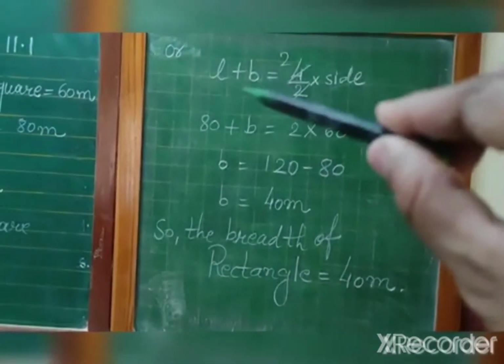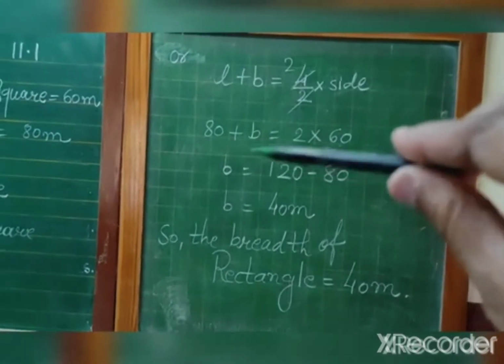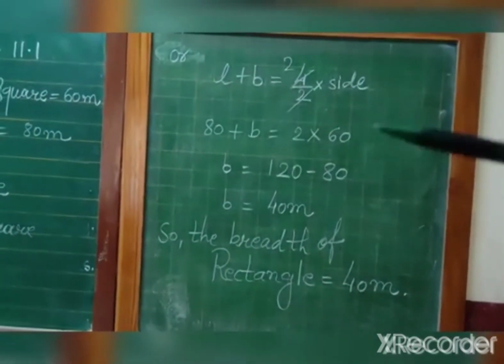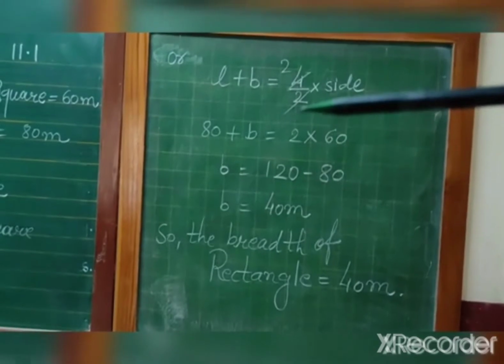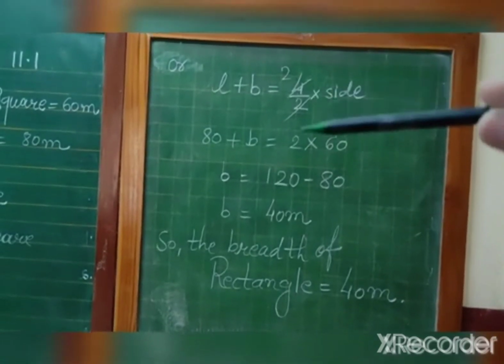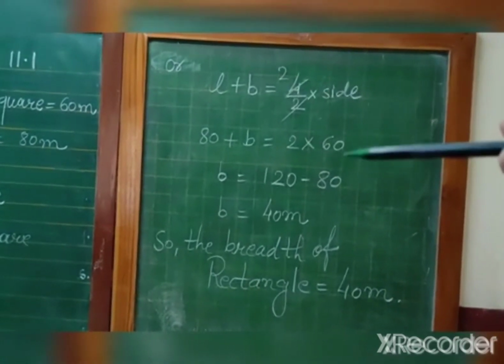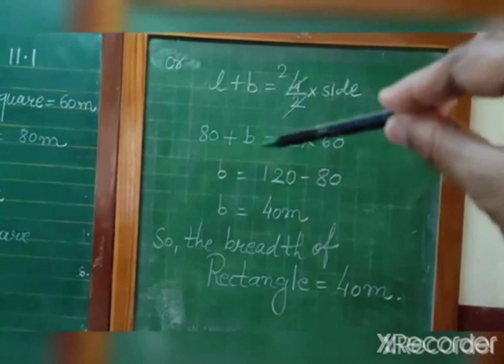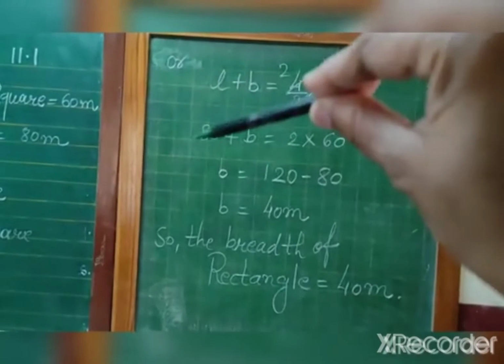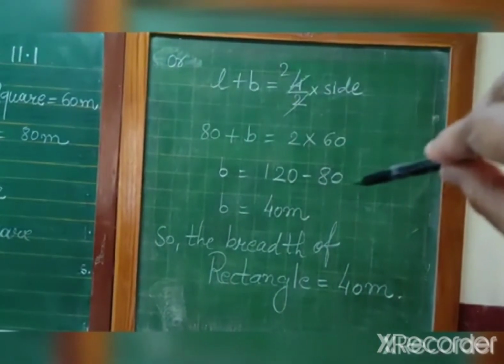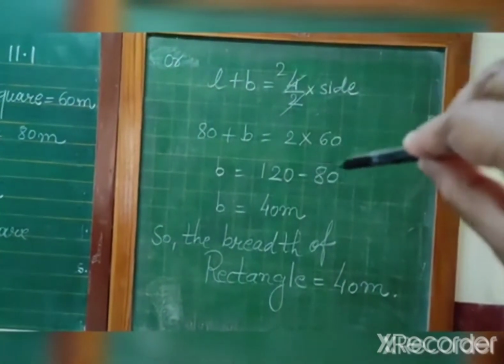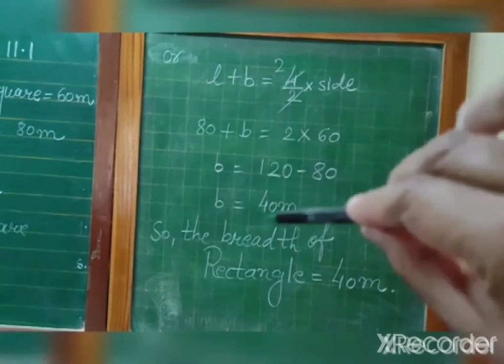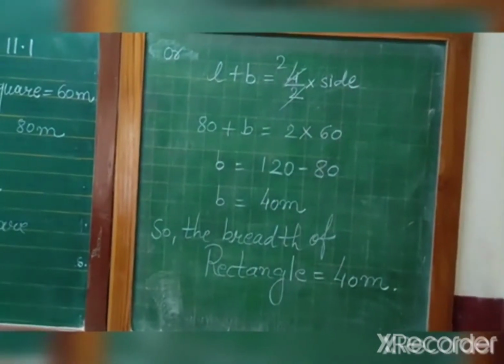So L in the rectangle 80 is given, plus B equal to 2 into side of a square 60. 2 sixes are 120. Between plus sign, so before it minus sign here. Opposite of equal. So 120 minus 80 is 40 meter. So the breadth of rectangle you got 40 meter.